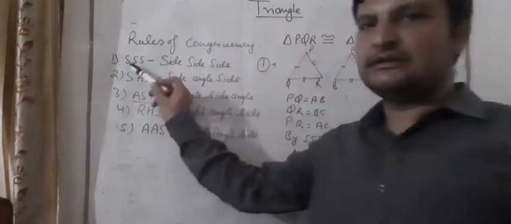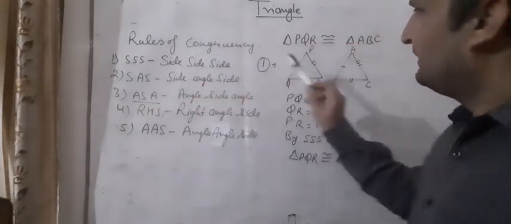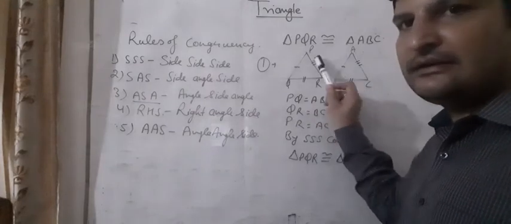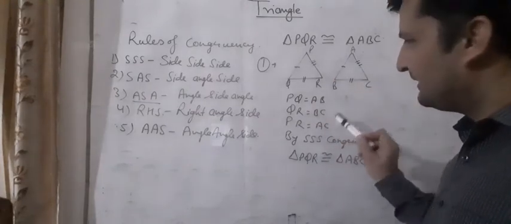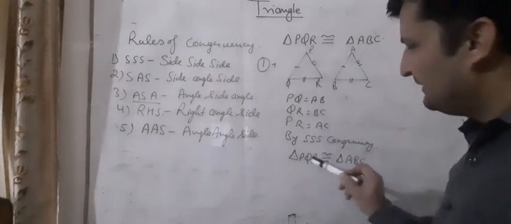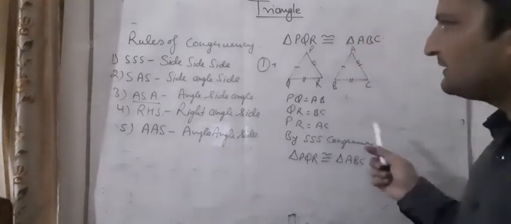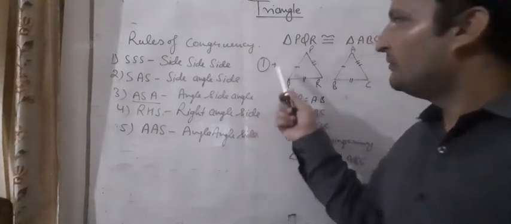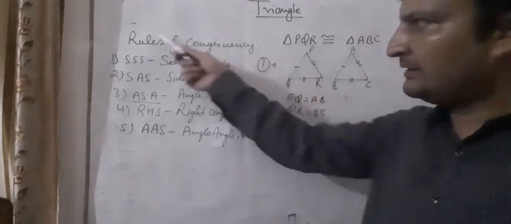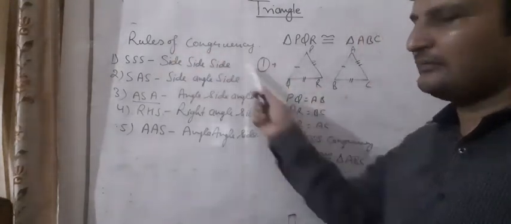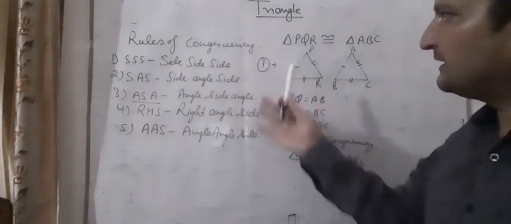By the SSS property we can say that these two triangles are congruent to each other. When we start exercise 7.1, we will prove all these questions with the help of these five properties. So students, this is SSS.